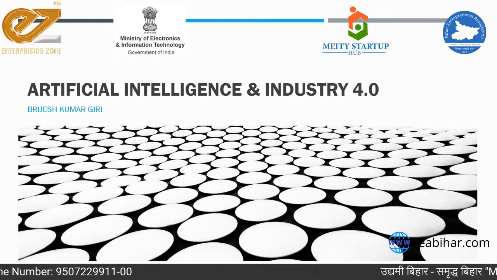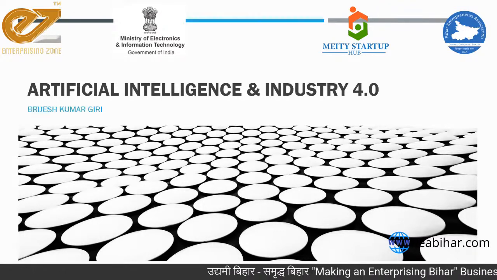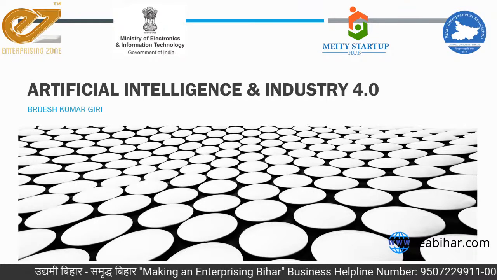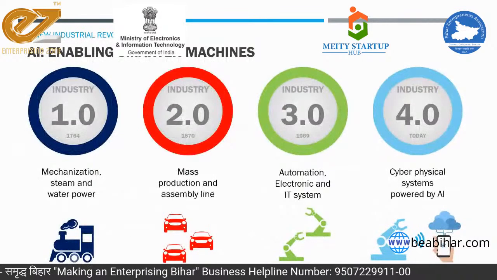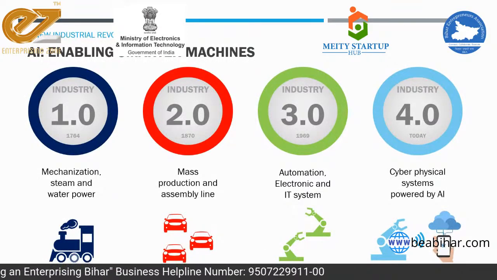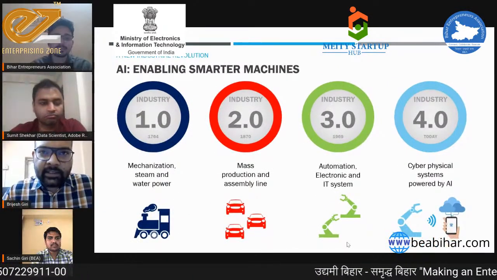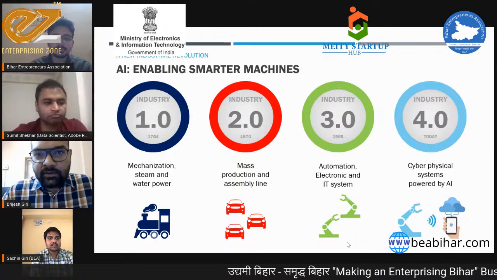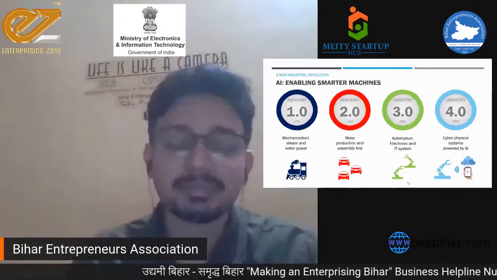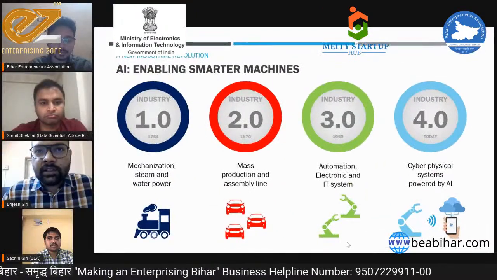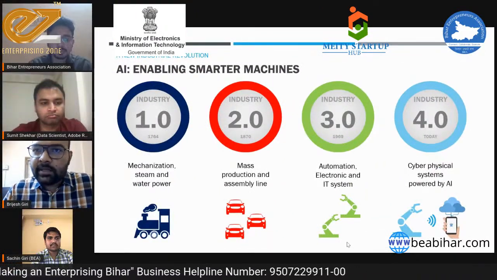So today I'm going to talk about artificial intelligence and the role that it is going to play in the fourth industrial revolution, which is currently going on. If we look at the evolution of the industries, the first industrial revolution was mainly about mechanization and the use of steam and water power. The next industrial revolution was around mass production and the assembly line, right?